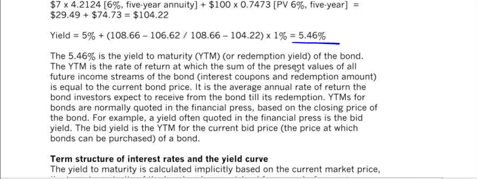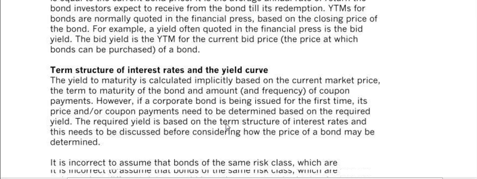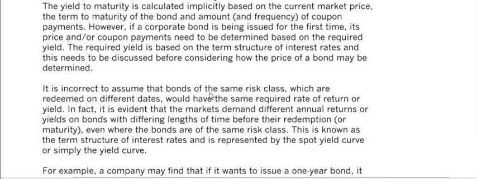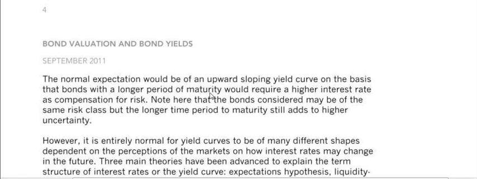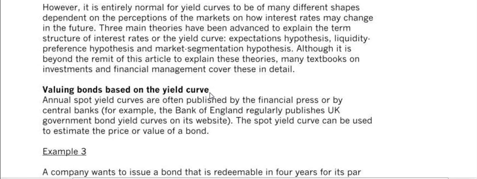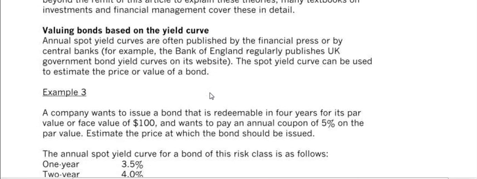Now the next thing we're going to do is go to the following page. We're going to see the third example, which is going to give you a different yield for each year. So you're going to have valuation of the bond. This is going to be value.